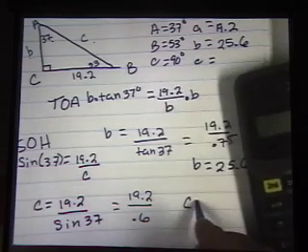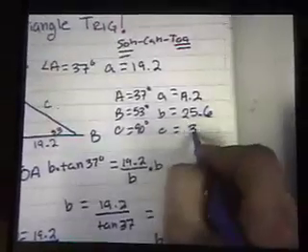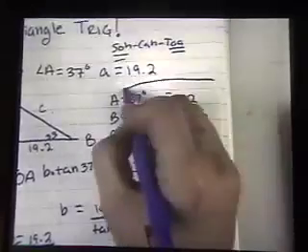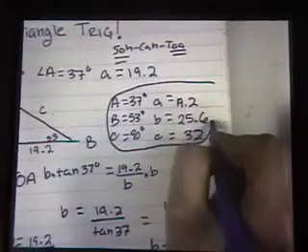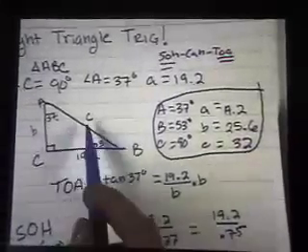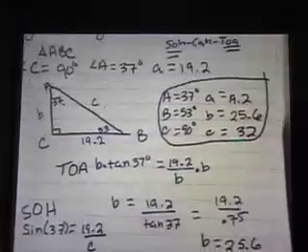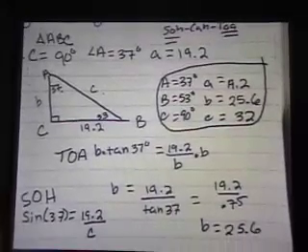So side C is going to equal 32, and I have just finished all sides and all angles of my triangle. I'm done with my chart. I can label these in here, or I can say this is a chart of my sides and my angles, and I've just solved for every angle in a right triangle.